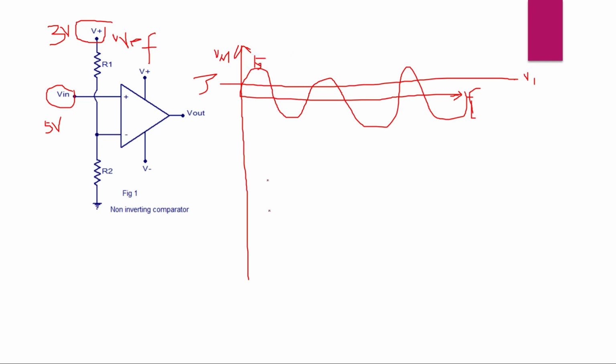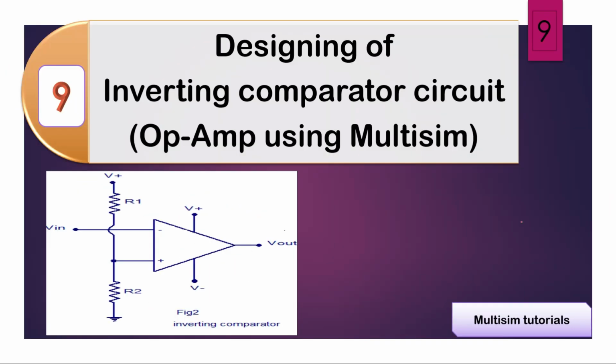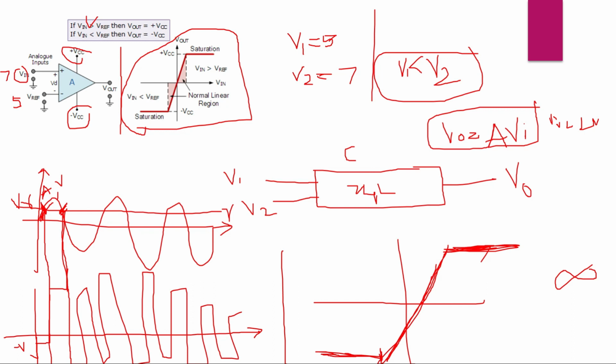So how does my output waveform behave? In past lectures we saw this. Whenever my input V in is less than V reference, my output will be minus VCC.